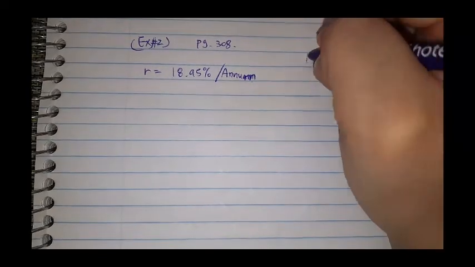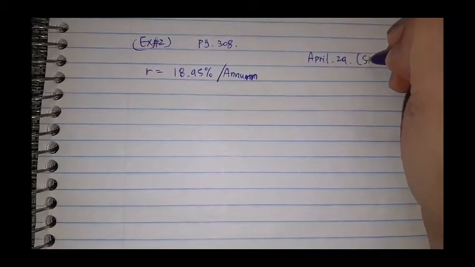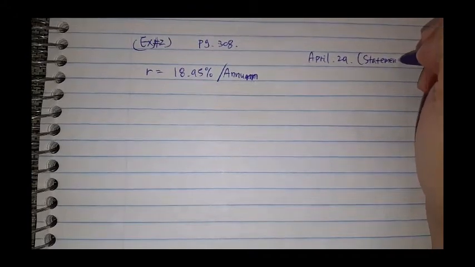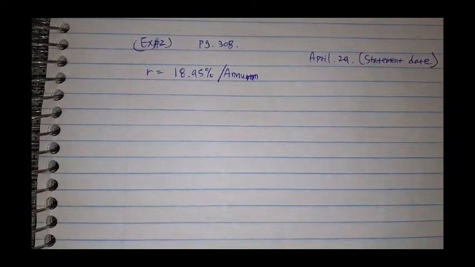She did not use the card again before her statement dated April 29. It is a good idea to identify some dates also. If she makes no other transaction, how much will Daphne owe?